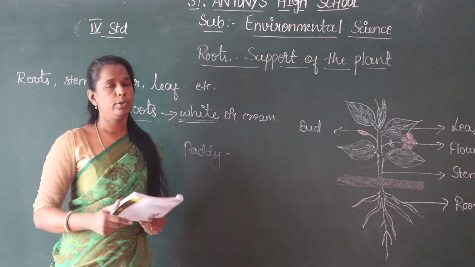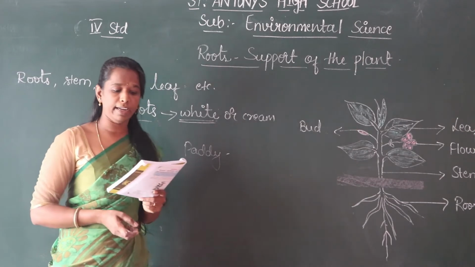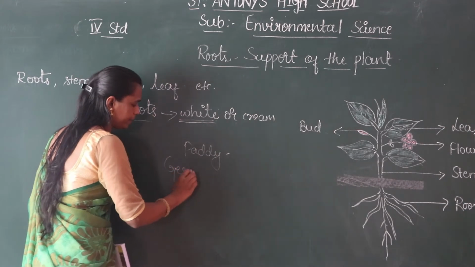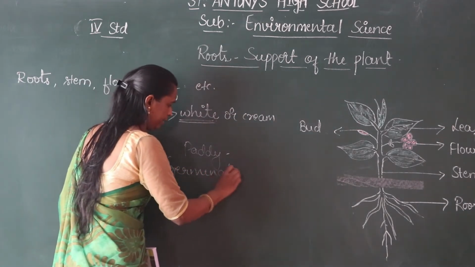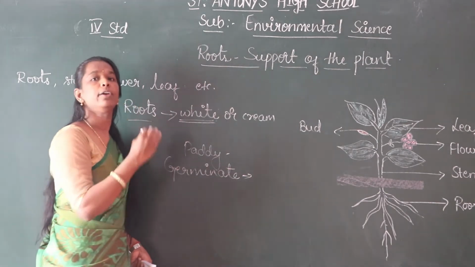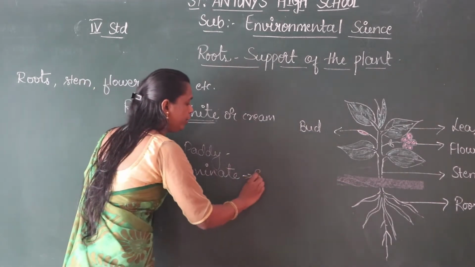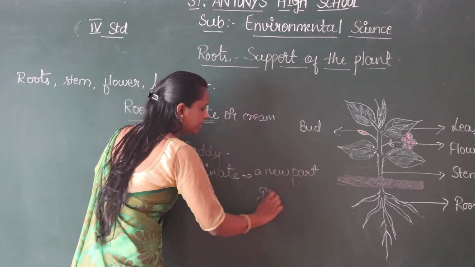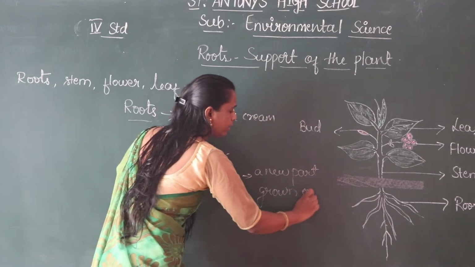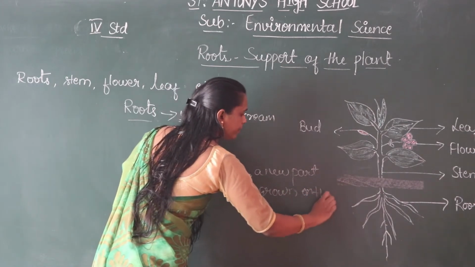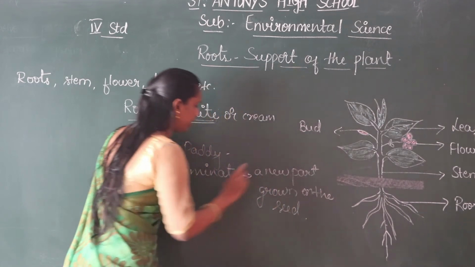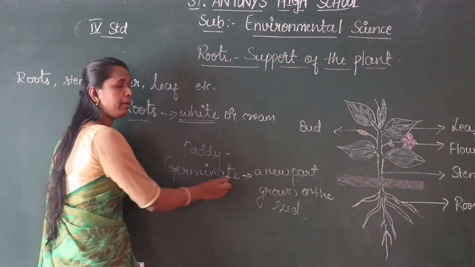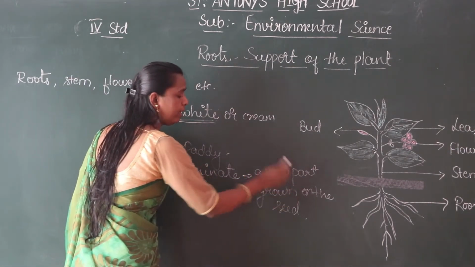What happens? The ragi or paddy grains germinate. What is the meaning of germinate? A new part grows on the seed. Germination or germinate means a new part grows on the seed.